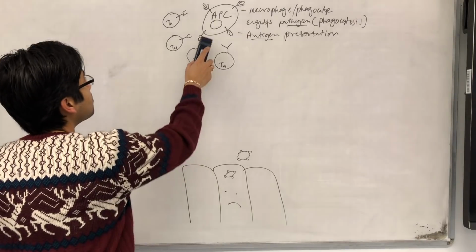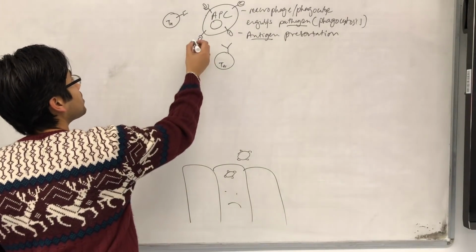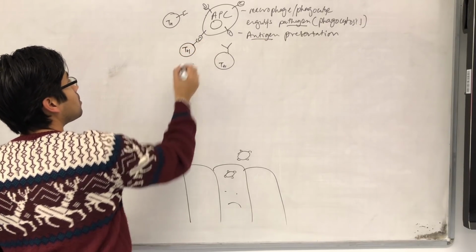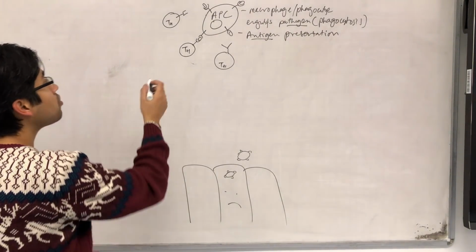So then what happens next? That T helper cell with its CD4 receptor will bind that antigen that's been presented, and this will cause its activation.